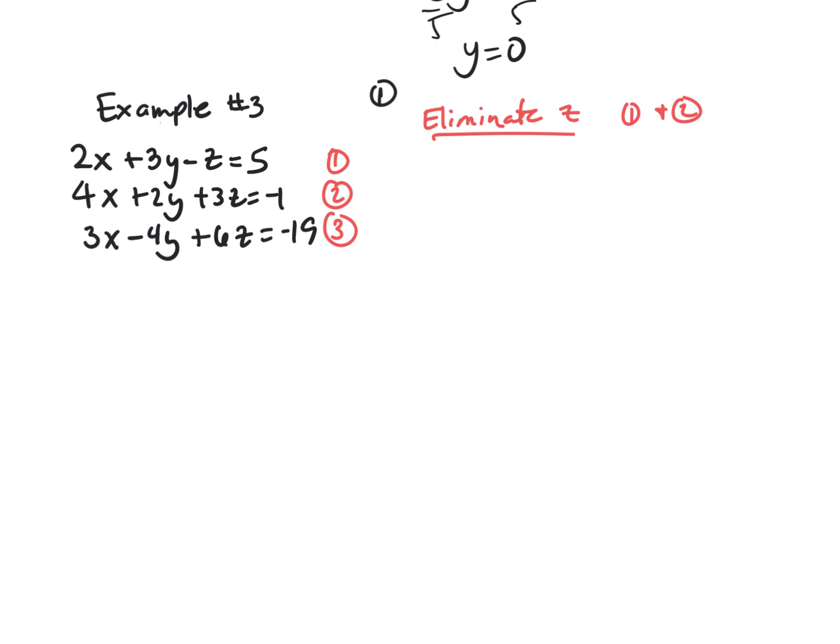Now I want to eliminate my z's, so they have to be opposite coefficients. If I look at that, I notice that this one right here is a negative 1z, but this is a positive 3z. So what I'll do is multiply the top equation by 3. I'm just going to rewrite those 2 equations over here, give myself some room to do some math.